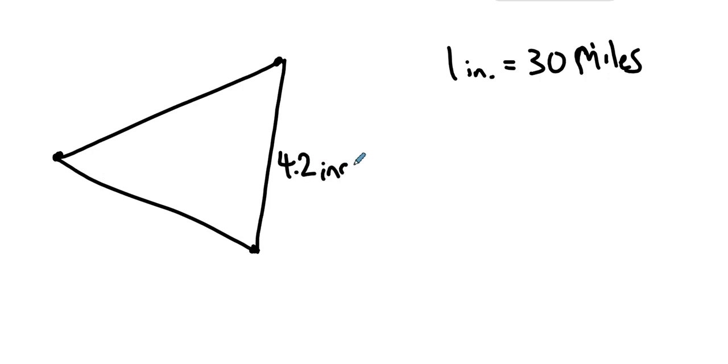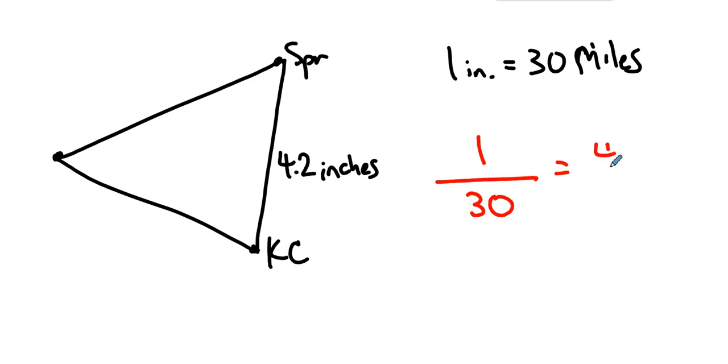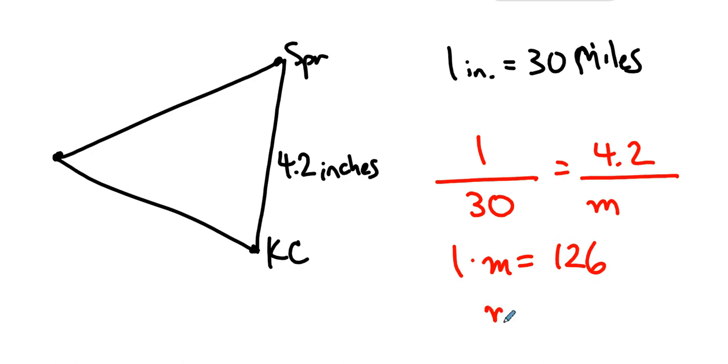Maybe this is 4.2 inches long, and we're looking to find out what the actual distance is between Springfield and Kansas City or whatever. And so we think to ourselves, if 1 inch represents 30 miles, then 4.2 inches represents some distance m, and we can do the cross multiplication thing and get that the distance between those cities is 126 miles.